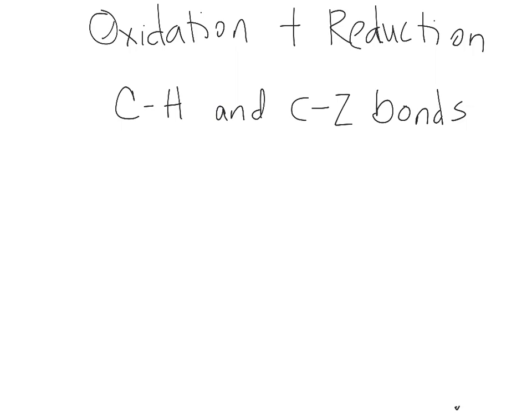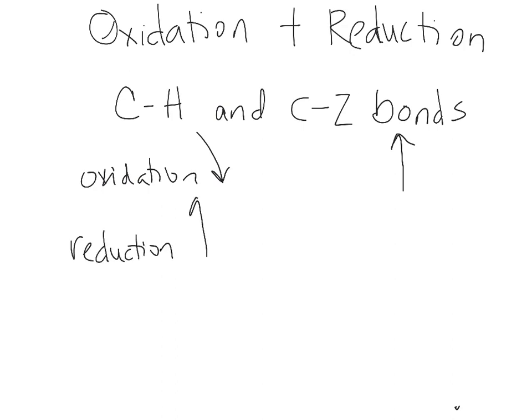Oxidation increases the number of C-Z bonds and/or decreases the number of C-H bonds. So if your C-Z bonds go up in a reaction and your C-H bonds go down, it's called an oxidation. Reduction is just the opposite. Reduction reactions have an increase in C-H bonds and a decrease in C-Z bonds.